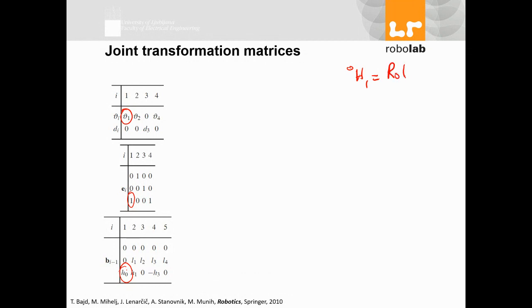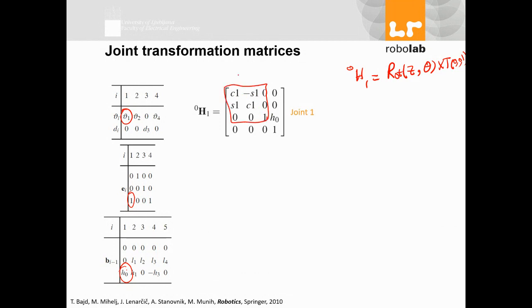So rotation around z with angle of theta times translation of 0, 0, 1, which is this. Cosine, sine, this is rotation around z with the angle of theta, and this is translation because I have that translation here.